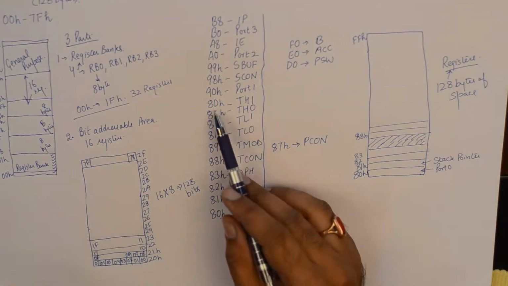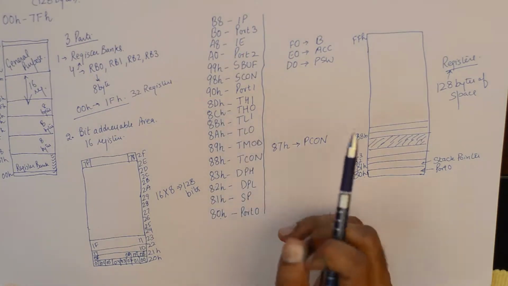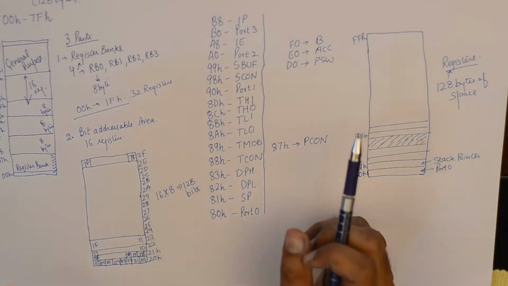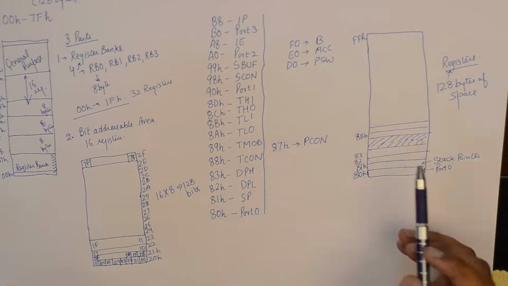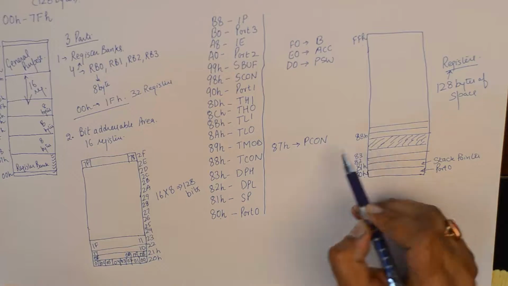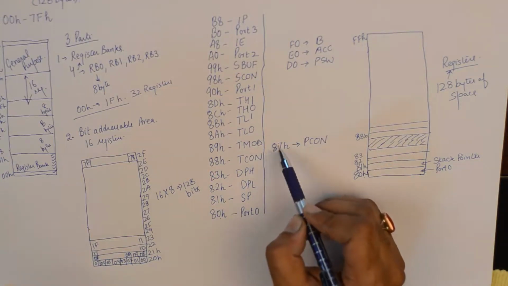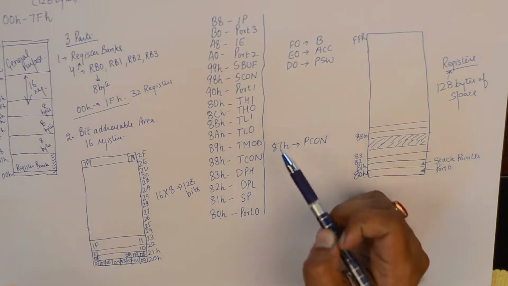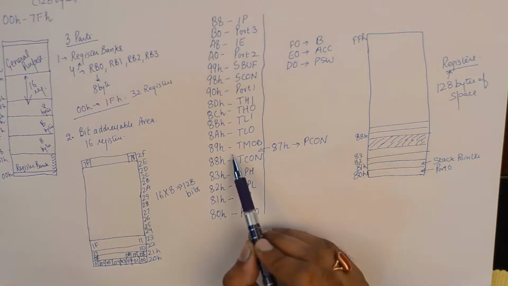Then if you notice, 8E and 8F are not accessible. I'm sorry, I missed out on 87, so 87 is also here. I remembered all the SFRs, but I missed out on this one, so you insert this 87 over here.